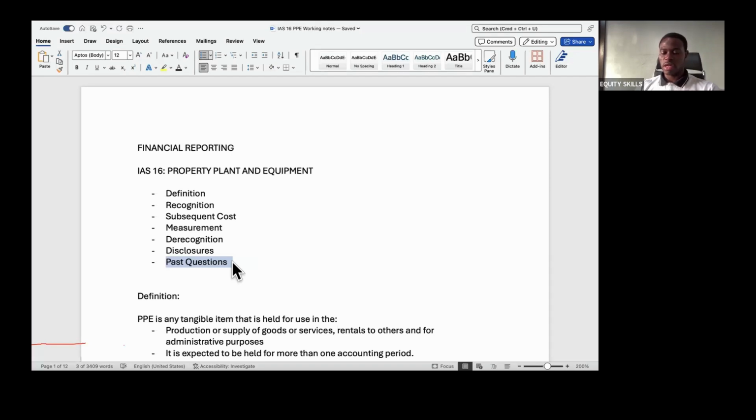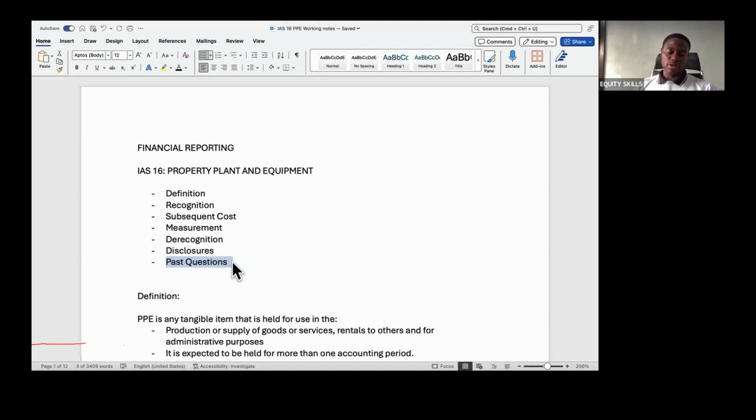If you had an initial estimate of dismantling, removal, and restoring the site on which the asset was initially located, that is also added. And any borrowing costs relating to qualifying assets, we said they are also added to the cost of an item of PPE.